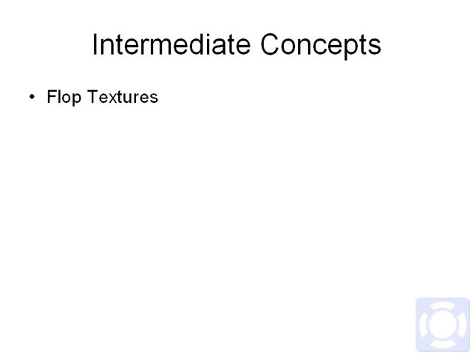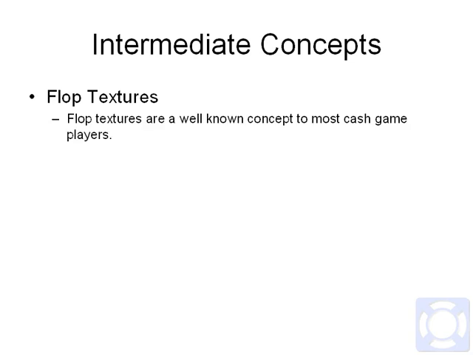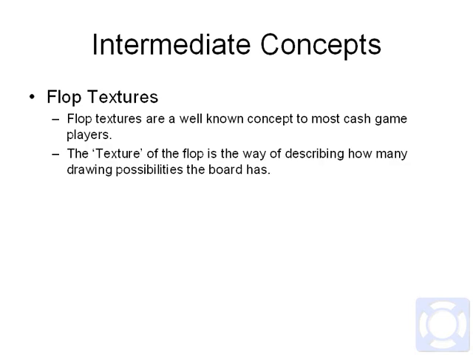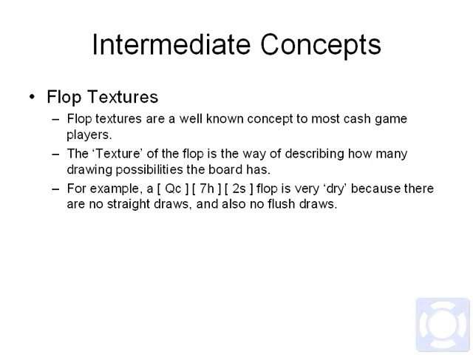So let's talk about flop textures a little bit. It's an intermediate concept that's very well known to most cash game players, and the texture of a flop is the way of describing how many drawing possibilities a board has. This is very important when playing against thinking loose aggressive opponents. For example, the board comes Queen of Clubs, 7 of Hearts, 2 of Spades.